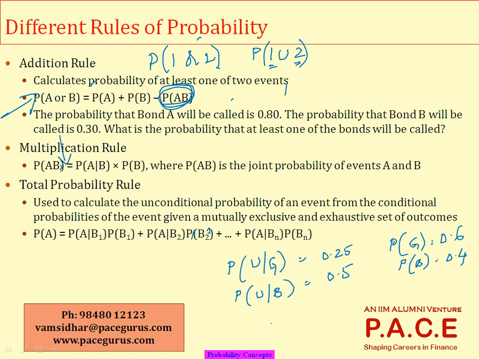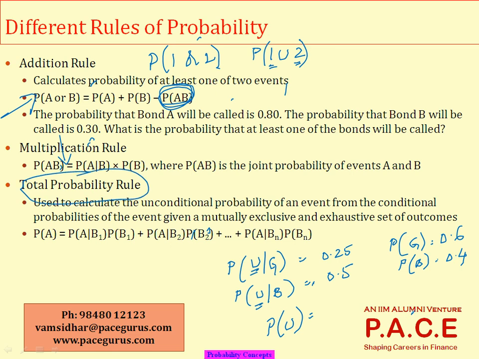Now if I want to find out the unconditional probability of unemployment, which means here unemployment has different probabilities under different scenarios. So if I want to find out the overall probability of unemployment, that is where I resort to the total probability rule.